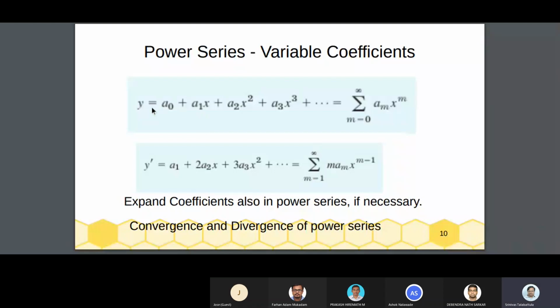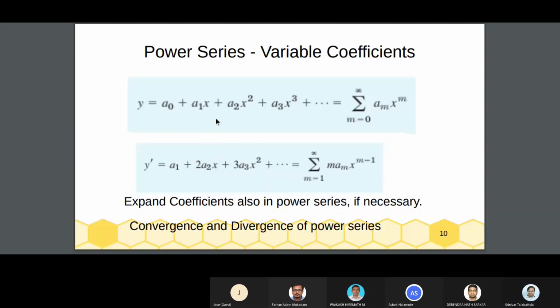The solution is considered as a power series. For a constant coefficient or a variable coefficient, you can expand the entire function y as a power series like this and substitute into the original differential equation, which means you have to differentiate this and substitute there.